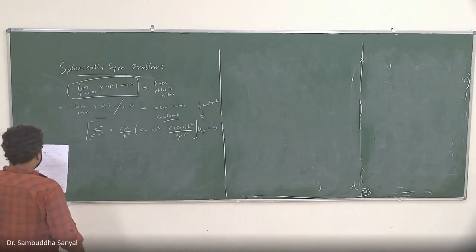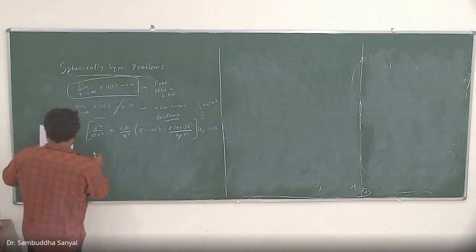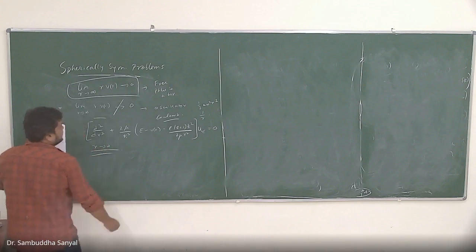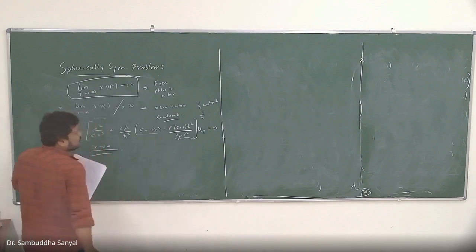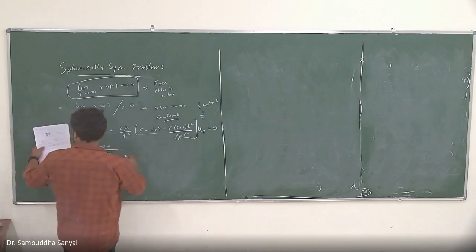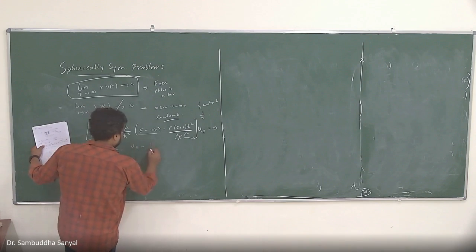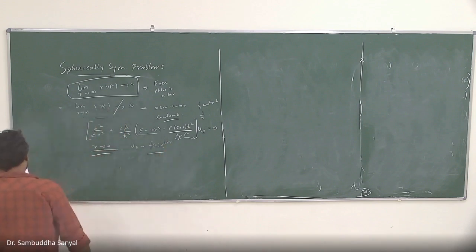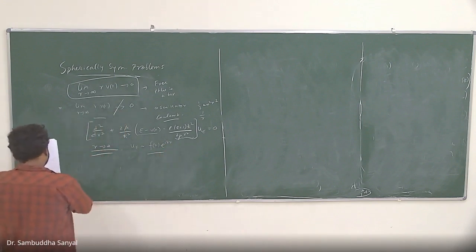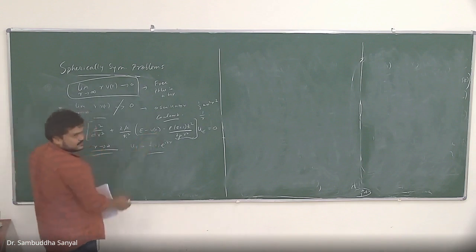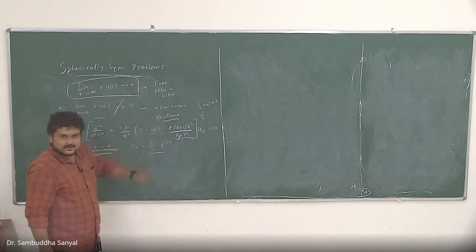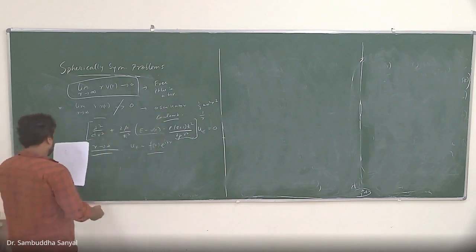And I think of a solution in the r going to infinity limit. In the r going to infinity limit, this term is not important, and I expect only this term to hold. And for a slowly varying function, I expect that u is of the form f(r) times e to the power i k r. This is almost a free particle, but what did I assume here? I assume that v(r) is slowly varying. That's why I can think of this as almost like a constant, effectively a constant. That's why I can write it.